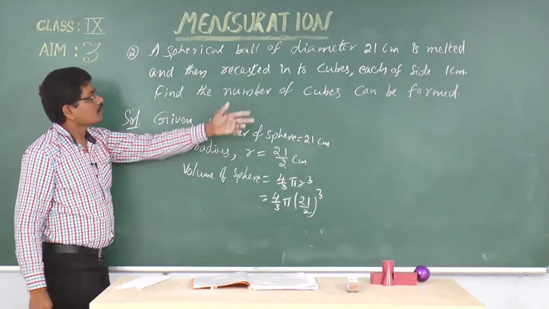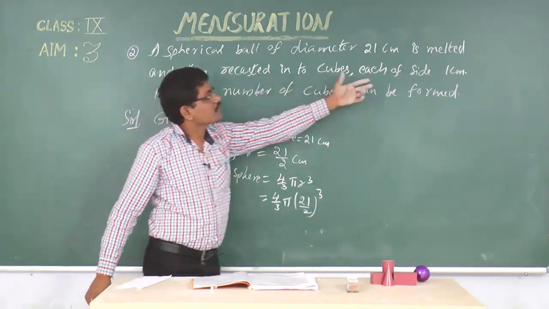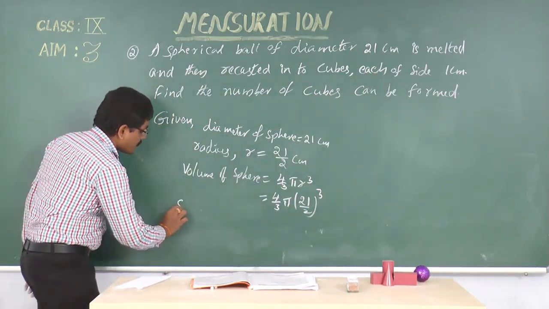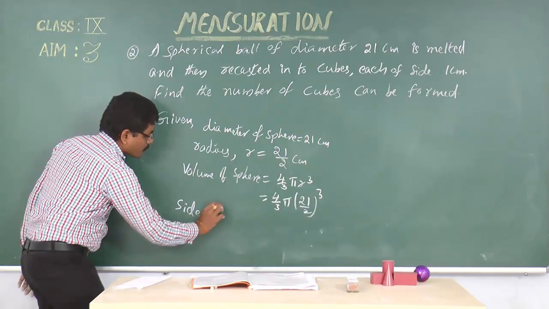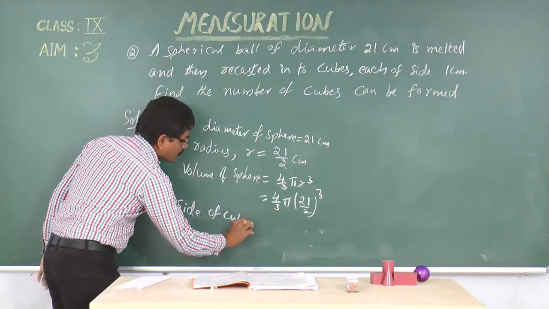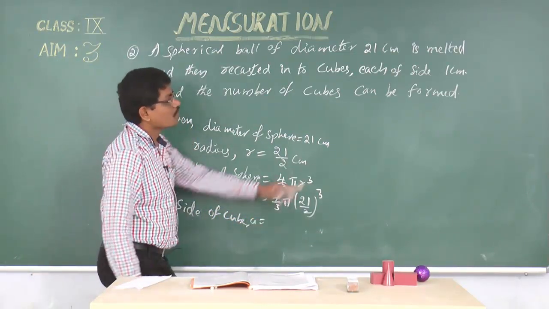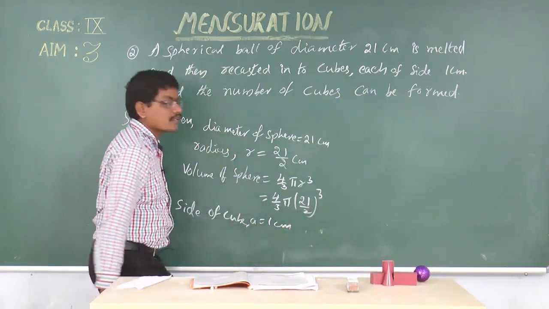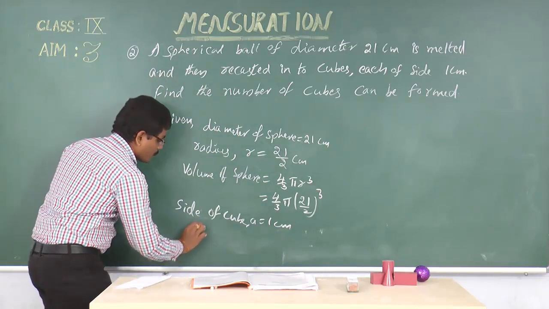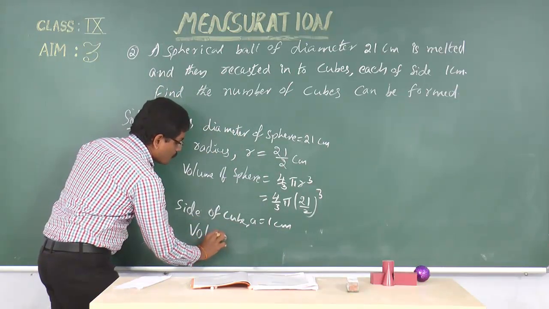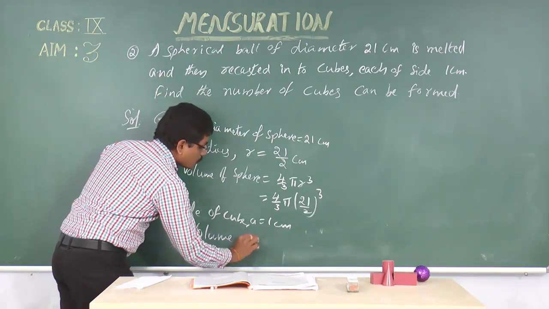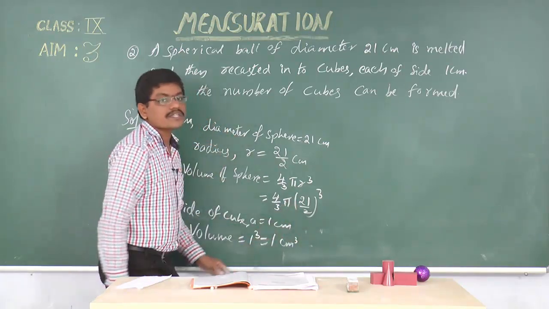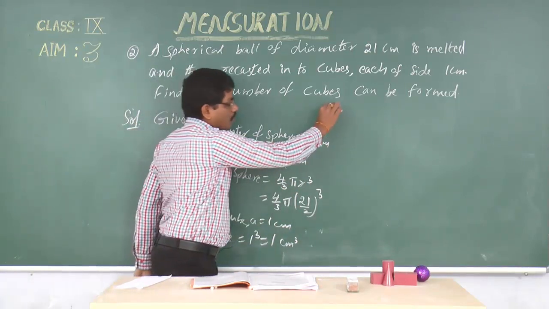Next, they have given another one, that is the side of the cube, A is equal to 1 centimeter. Then volume is equal to 1 cube, that equals 1 centimeter cube.